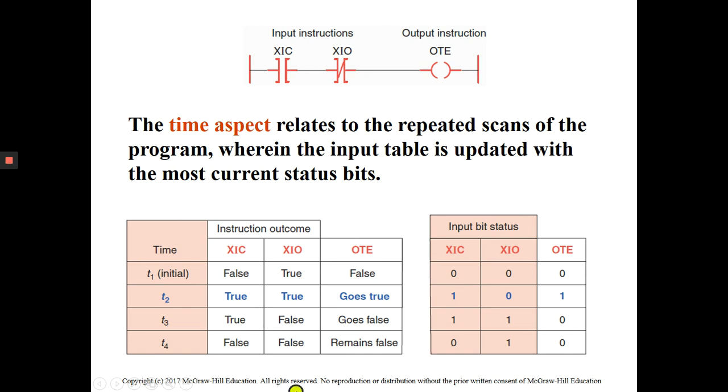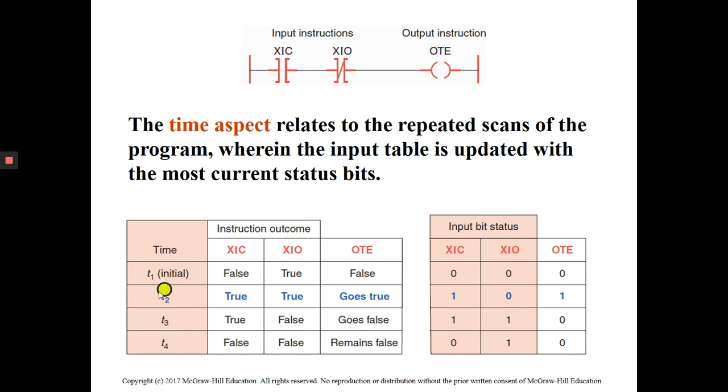This is how the sequence works, since we are not talking about just one scan, we are talking about a repetition of scans. So it is a cycle, correct? When we talk about the program, we take it as a cycle. We say first scan the input, then check the program, then update the output, then do the communication check, and so on. Then repeat again: scan the input, check the program, update the output, and do the communication test.